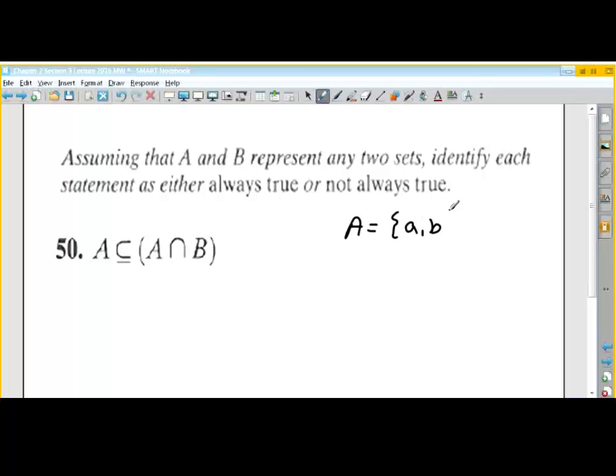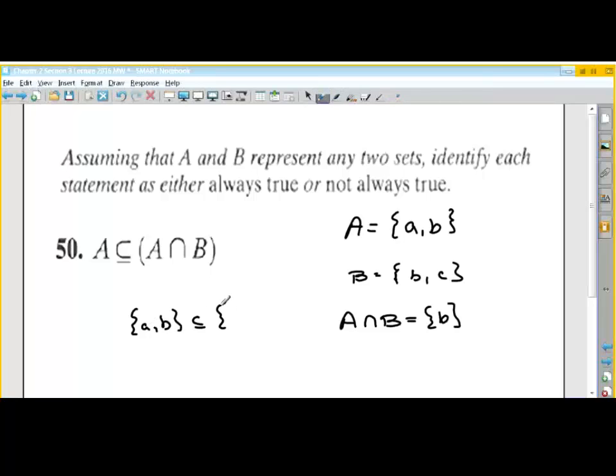If set A consists of the letters A and B, and set B consists of the letters B and C, the intersection of A and B is going to be the letter B. So the question is, is the set A, B a subset of that set? And the answer is no.